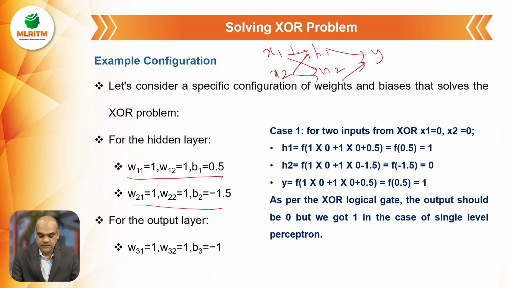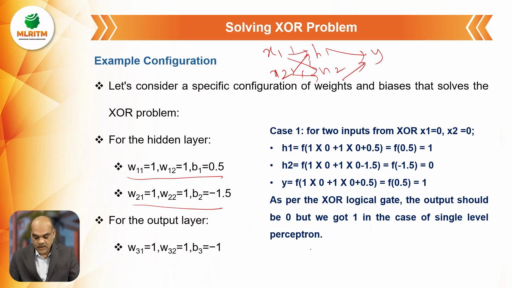W11 is 1, W12 is also 1, and W21 from X1 to H2, the weight is 1. W22 from X2 to H2, the weight is also 1 here. So these are the weights.